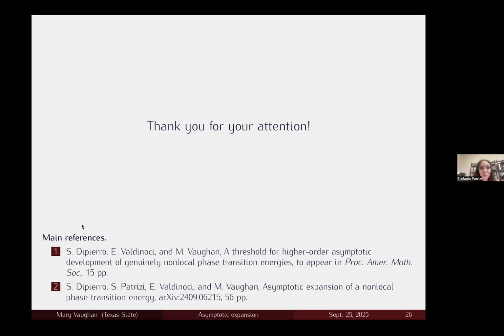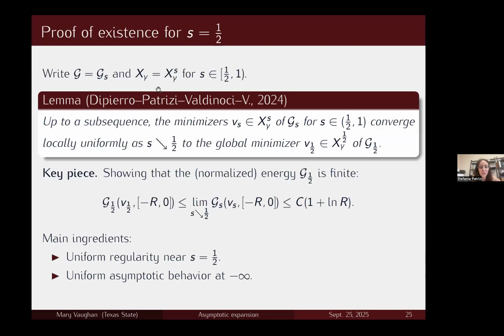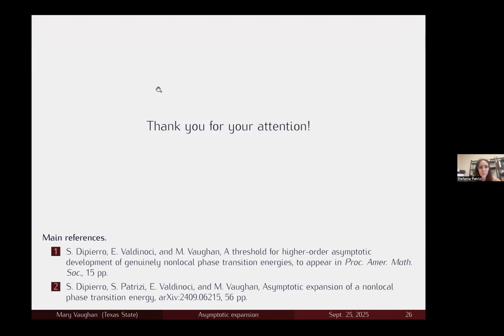Hi, Mary. Thank you very much for the beautiful talk. I have to run, but before I run, can I ask you a quick question, and then I leave the other questions to the others. You prove that there is no asymptotic expansion in the case s less than 1/2, up to, I think it was 1 minus 2s or something like that. So there is no fractional expansion up to that.